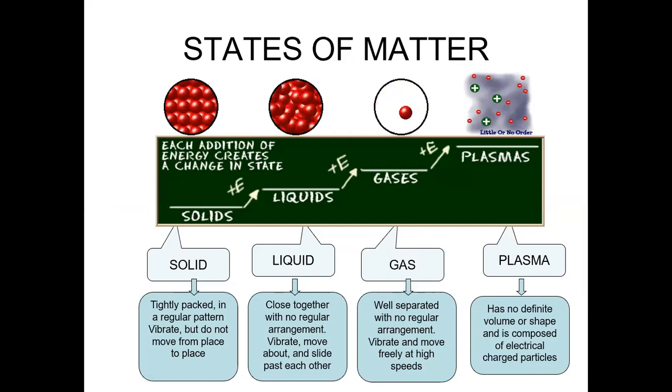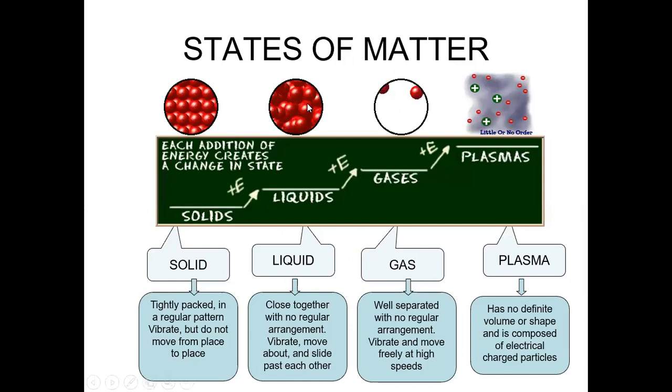Solids, particles are closely packed together. They have definite shape, definite volume. There are no spaces between them, and they vibrate in their spots. We cannot pour them except powder, okay? When we have sugar or flour, you can pour it because the particles are very small.